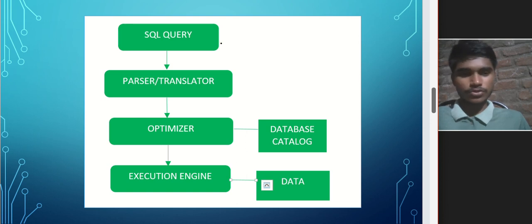After the operations in the parser, it goes to the optimizer, and the optimizer connects us to the database catalog, as you can see here. After the operations in the optimizer, the expression is sent to the execution engine for execution, so we can retrieve the data. You can see here the execution engine connects us to the data. So let's learn about these topics in detail.